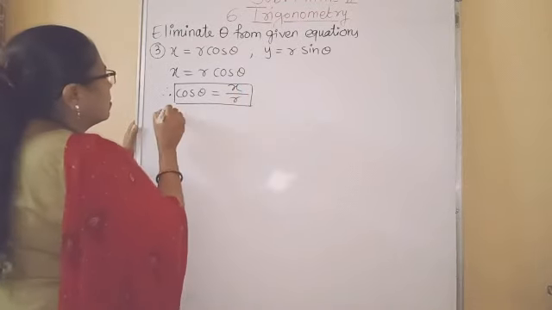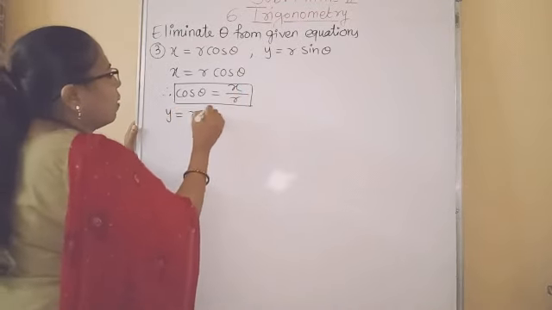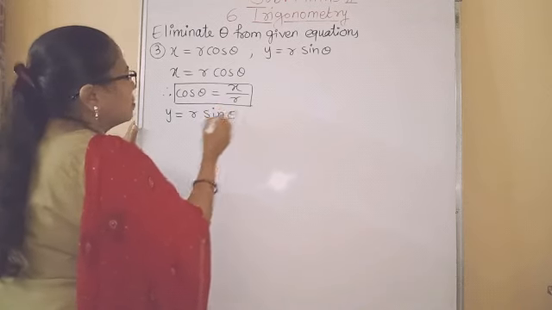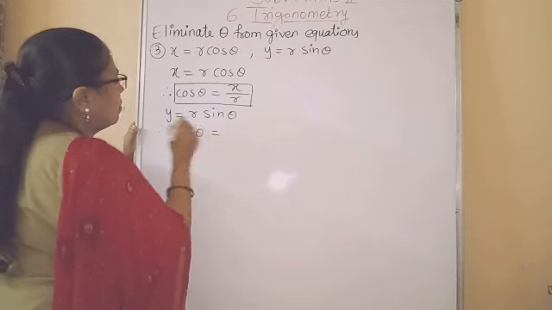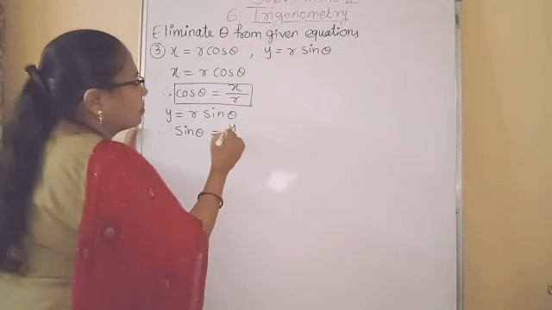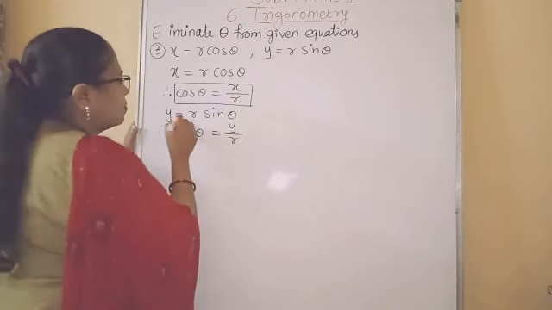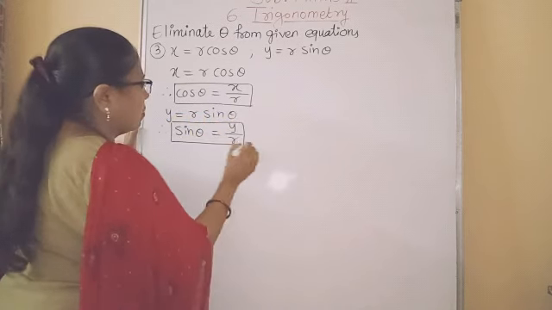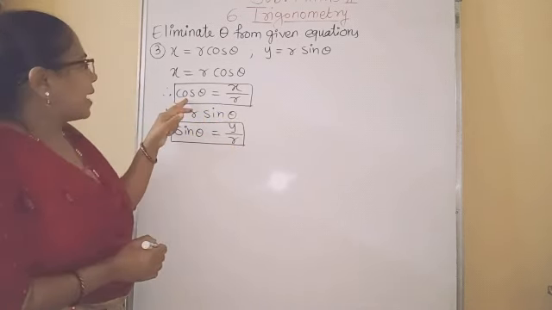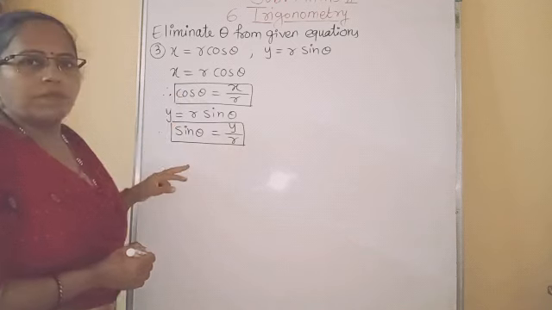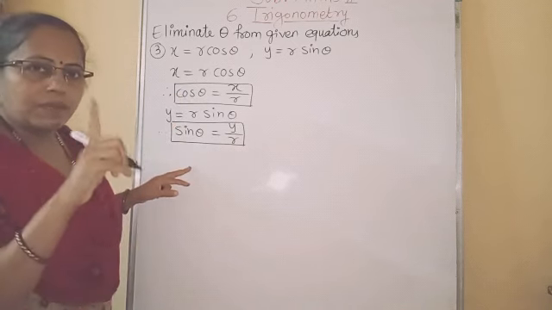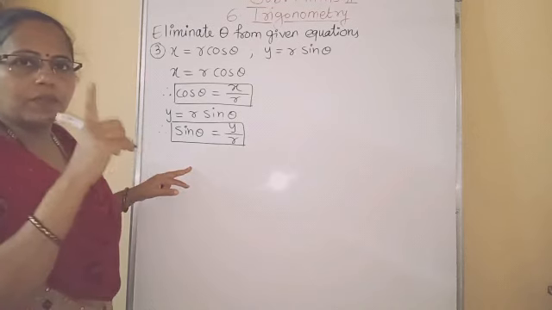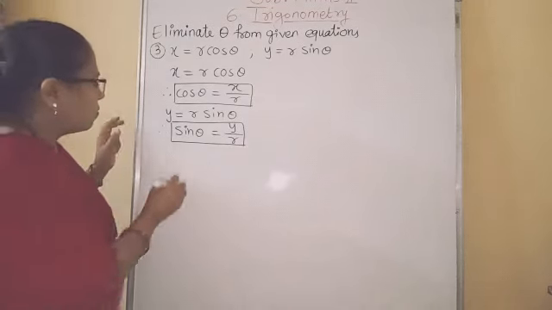Next one is y equal to r sin theta. Therefore, sin theta is equal to y upon r. Now sin and cos theta we got. So we will use the identity. Which identity? The first identity: sin square theta plus cos square theta is equal to 1.